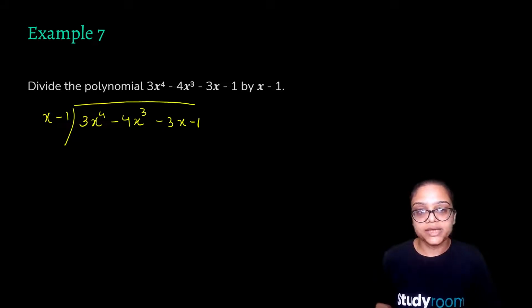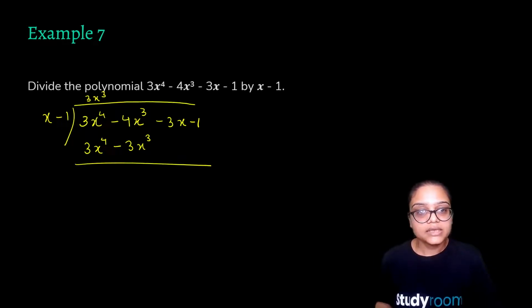Now x and 3x to the 4, what are we going to multiply? 3x cube, right? So 3x to the 4 and minus 3x cube. Subtract it, it would be 0. It would be minus x cube, minus 3x, and minus 1 the same.